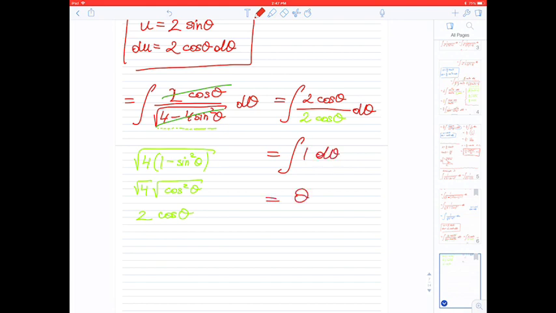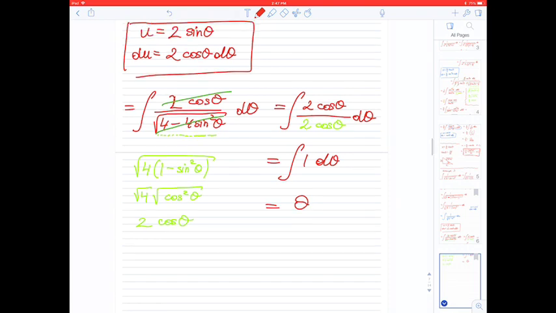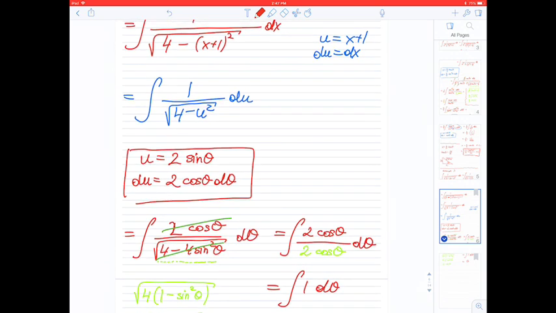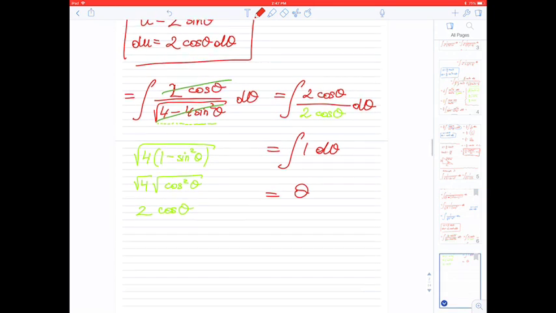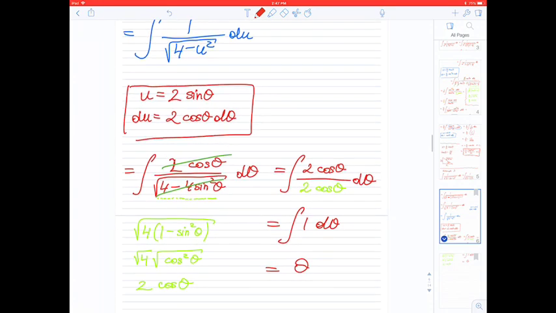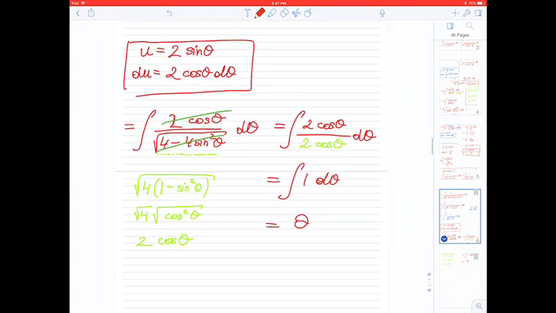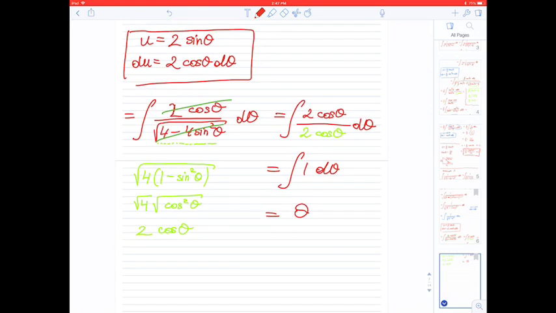Integral of 1 d theta is just theta. Okay, and my theta was... do I have to come back? Okay, yes, because now I have to come back through the u substitution. Let's see. My substitution was u equals 2 sine theta.